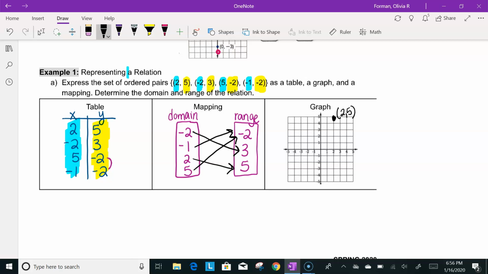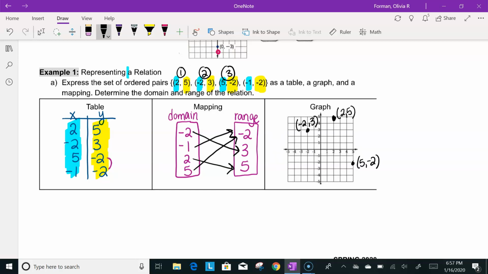Okay, go to the next one. It's -2, 3. So we just graphed that one. Now we're looking at this one. -2, 1, 2, 3. We go left 2, up 3. That's where we're getting -2, 3. The next point I'm going to graph is 5, -2. So I go right 5, down 2.